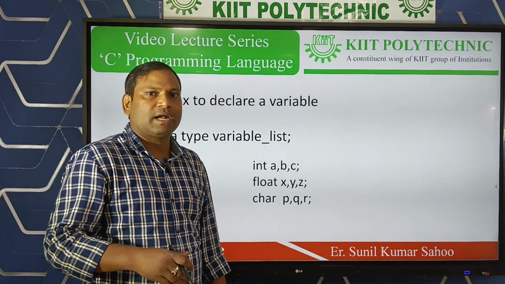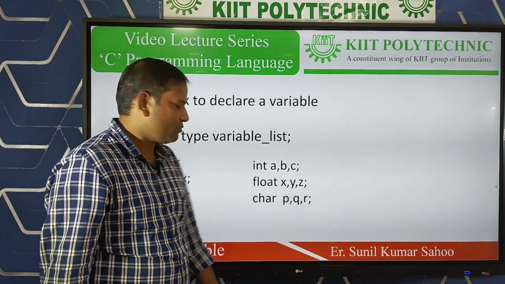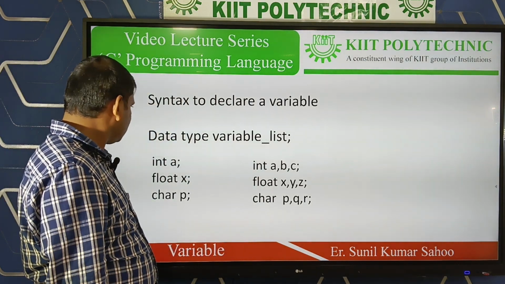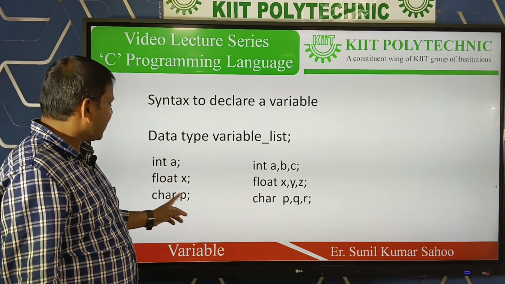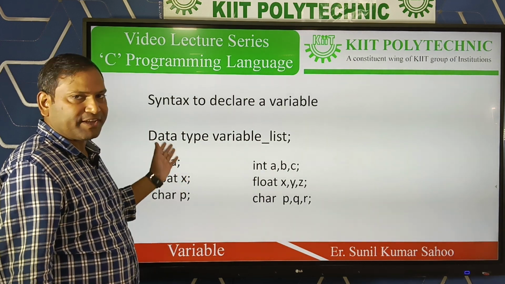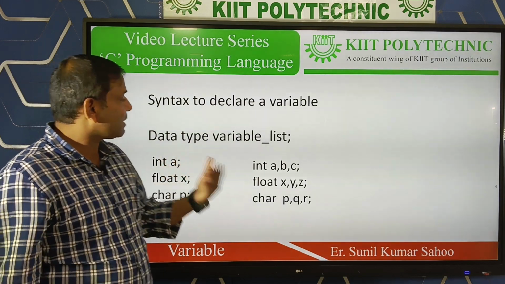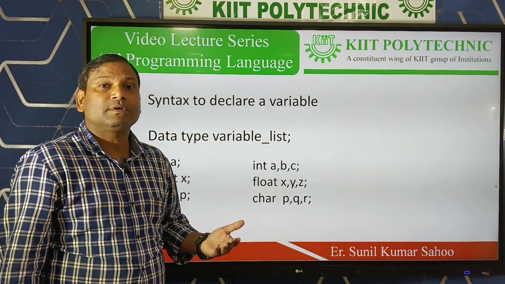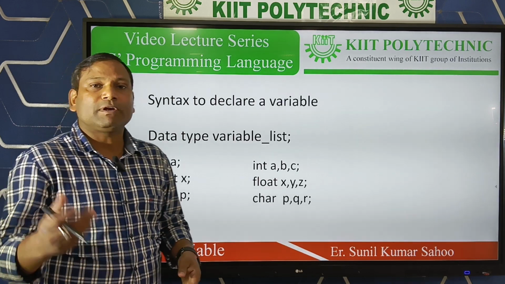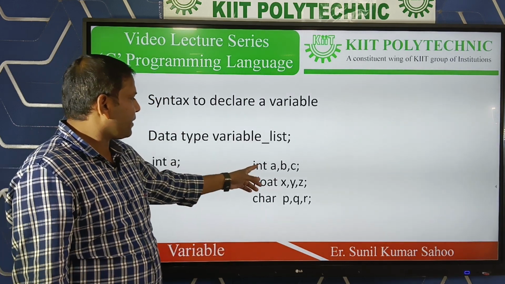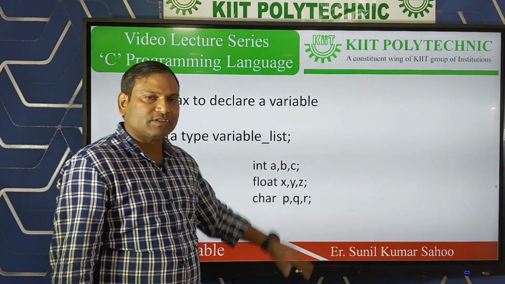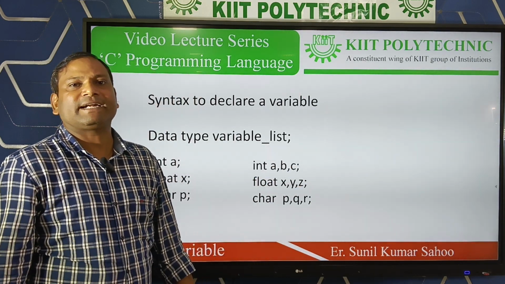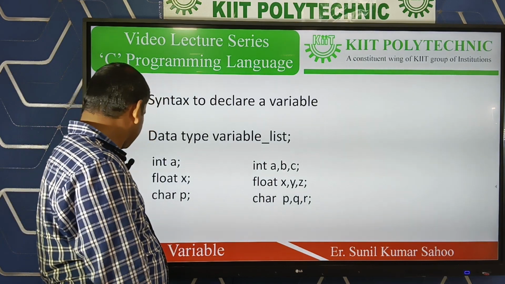For example: int a, float x, char p. a, x, p are variables. If you want to declare multiple variables at a time, such as three integer variables, then int a, b, c semicolon. Such a declaration is also known as cascade declaration.